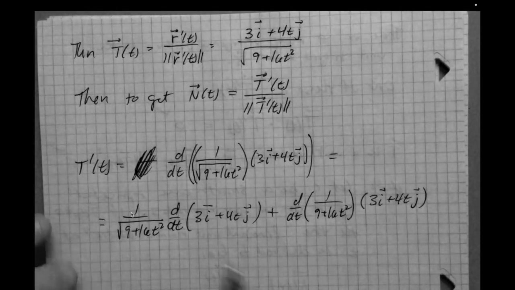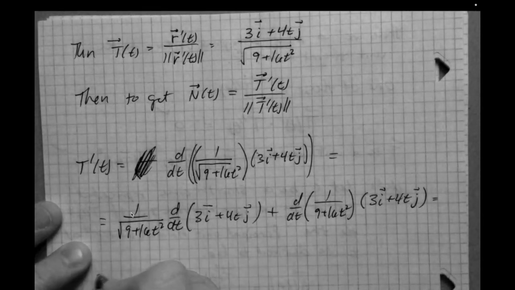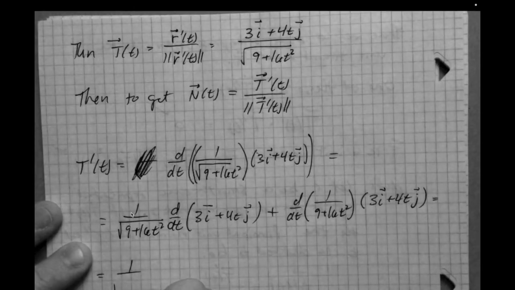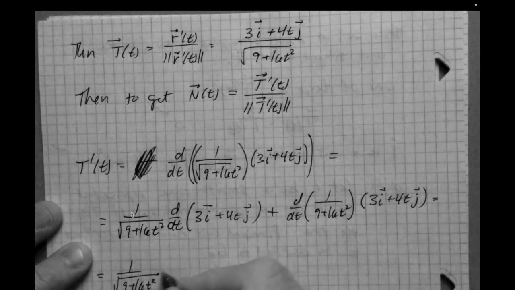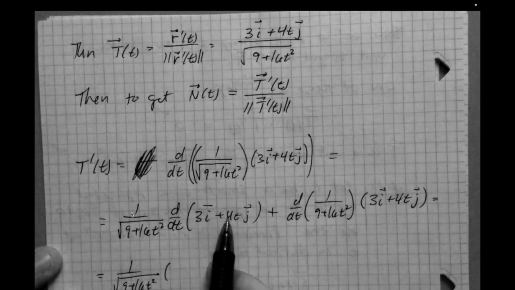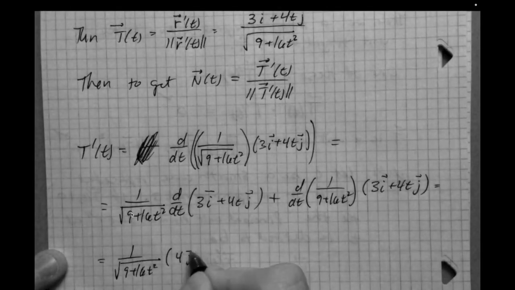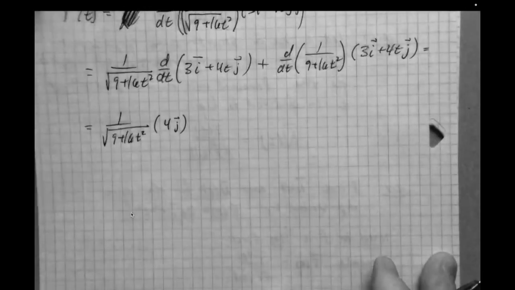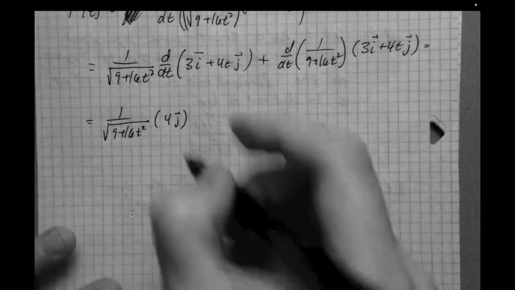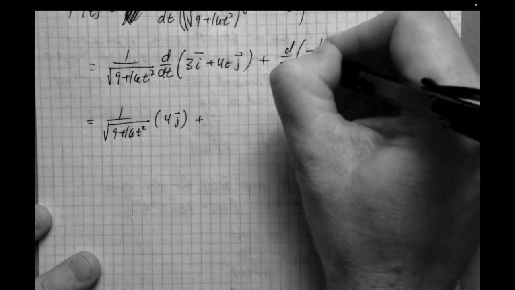All right, and then it's just a matter of dealing with the derivatives. So this is 1 over the square root of 9 plus 16t squared. And then what happens here when we differentiate the vector with respect to t? Well, everything drops out except the 4j, right? So this is just 4 times j.